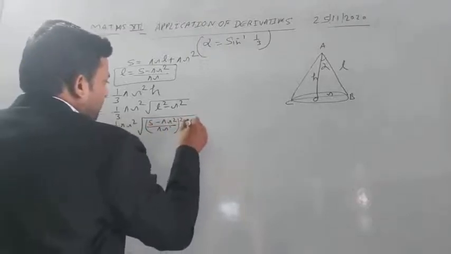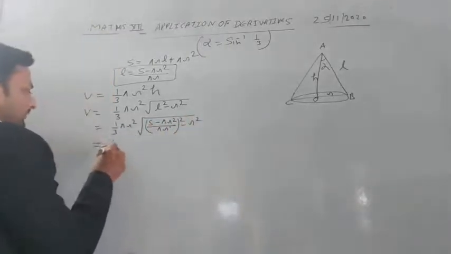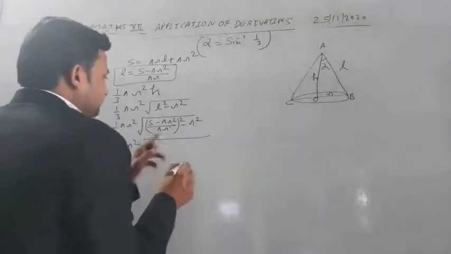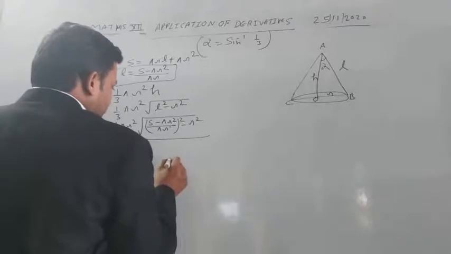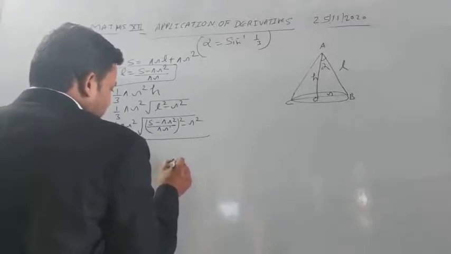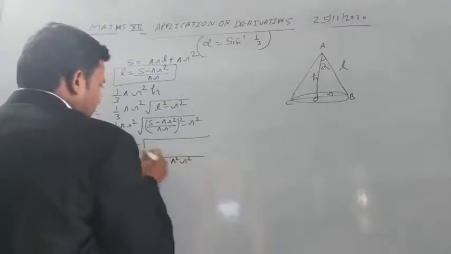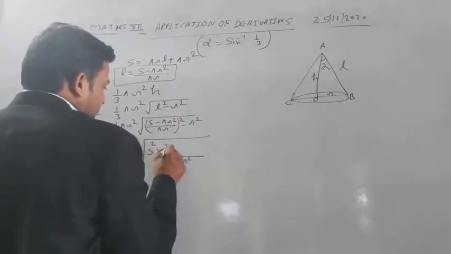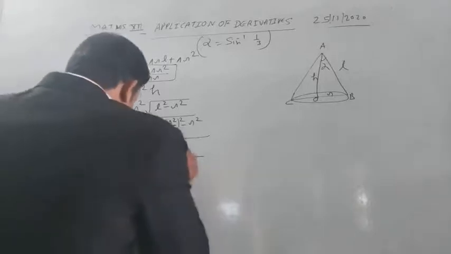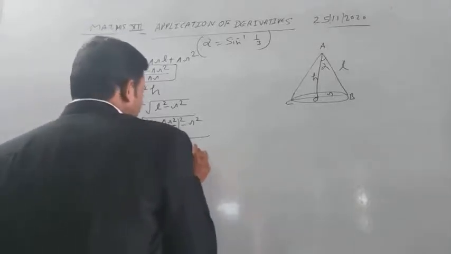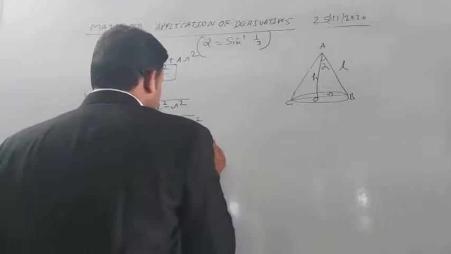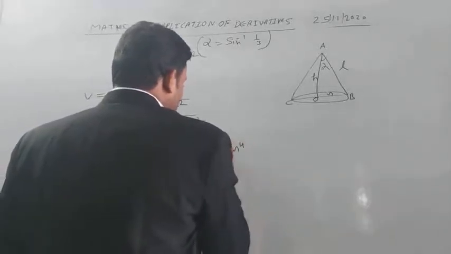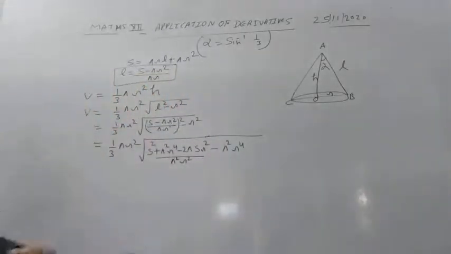This is whole square, minus r square. Now, inside the root, we take the LCM, which is pi square r square: s square plus pi square r to the power 4 minus 2 pi s r square minus pi square r to the power 4. This is our LCM.